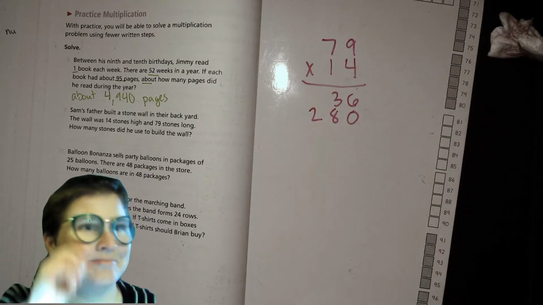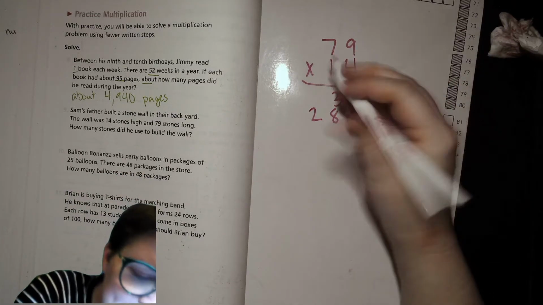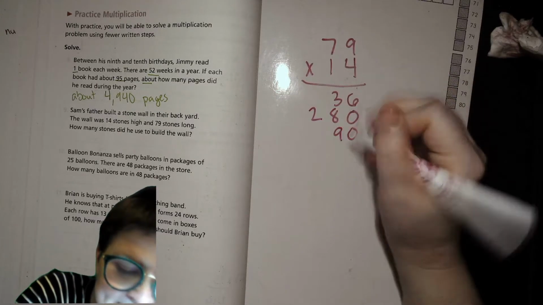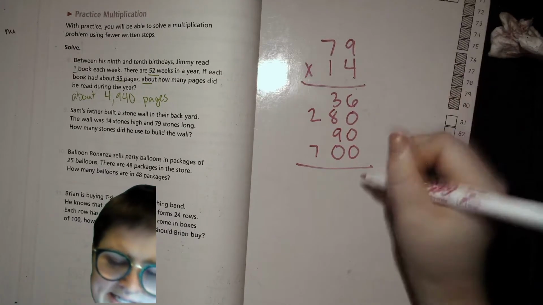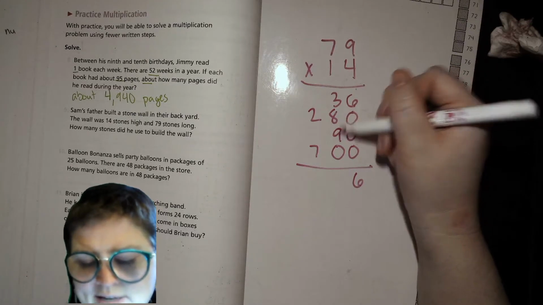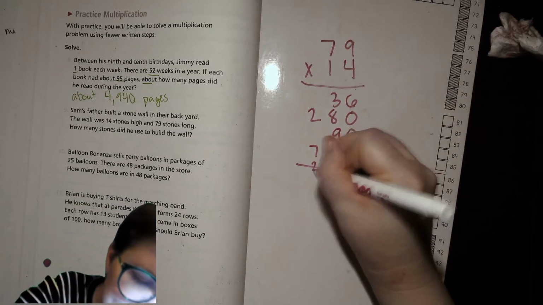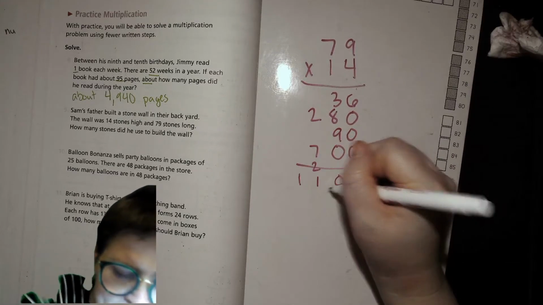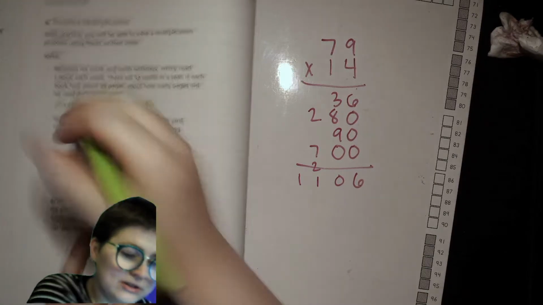I don't know if you could hear that, there's a really loud honk outside. And then 10 times 9 is 90, and 10 times 70 is 700. 9 plus 8 is 17, plus 3 more is 20, and then 7 plus 4 is 11. So 1,106 stones.